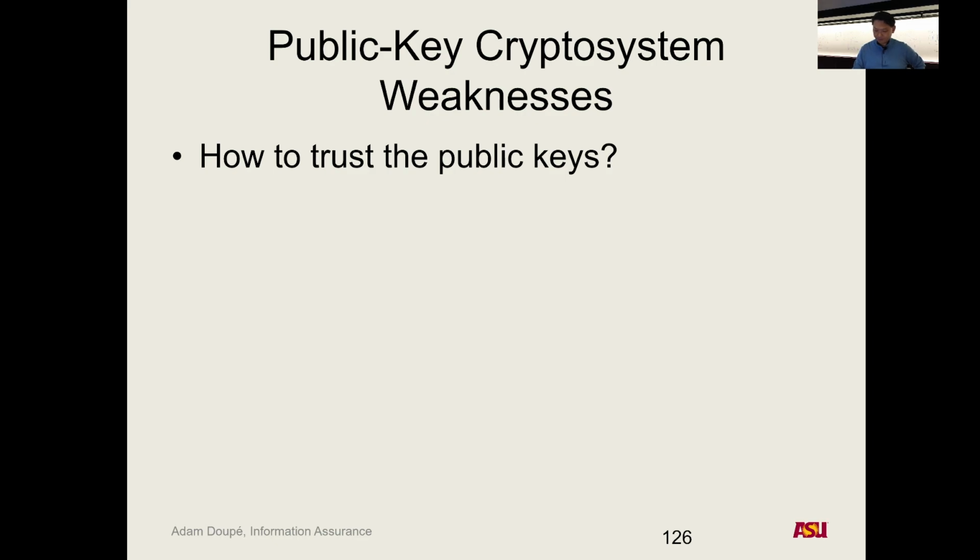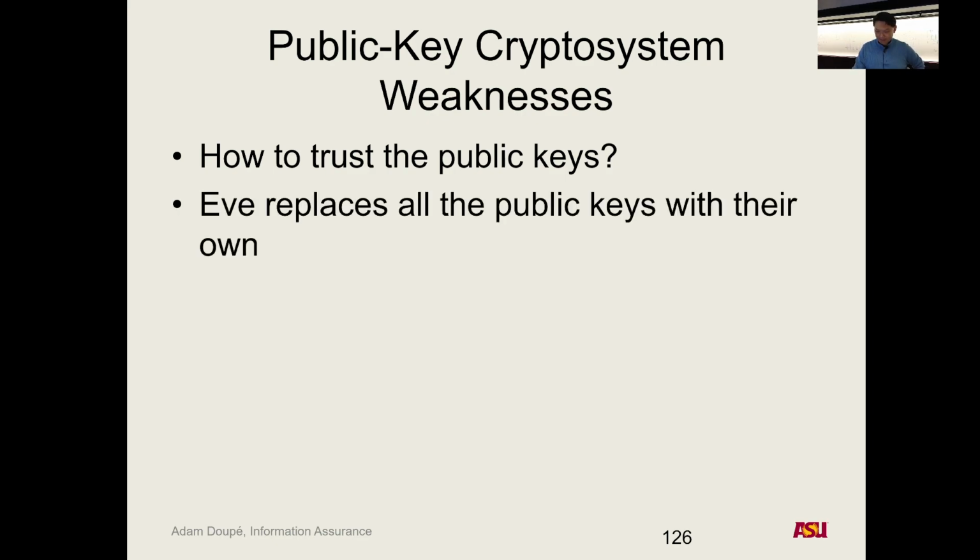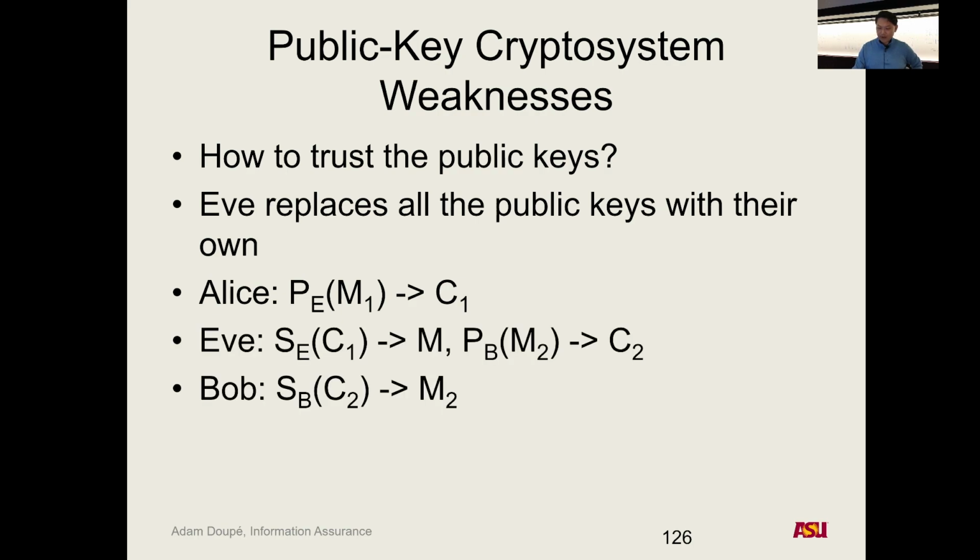Let's see these scenarios. Usually Eve is the malicious actor, like evil. What if Eve replaces the old public key with her own?